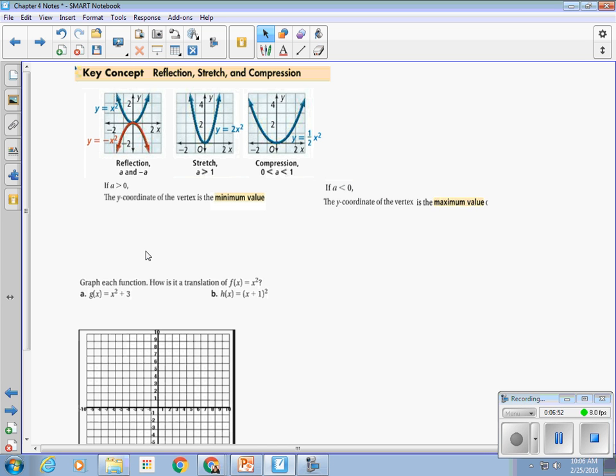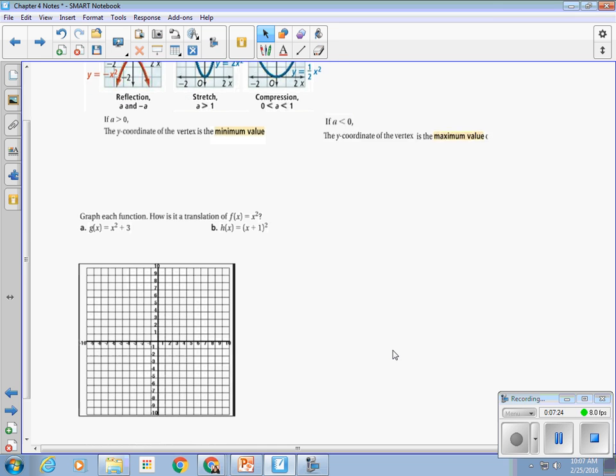If your parabola is a frowny face, facing down, then your vertex is a maximum. So if you have a smiley face parabola, it has a minimum at the vertex. If you have a frowny face parabola, it has a maximum at the vertex. Very intuitive.